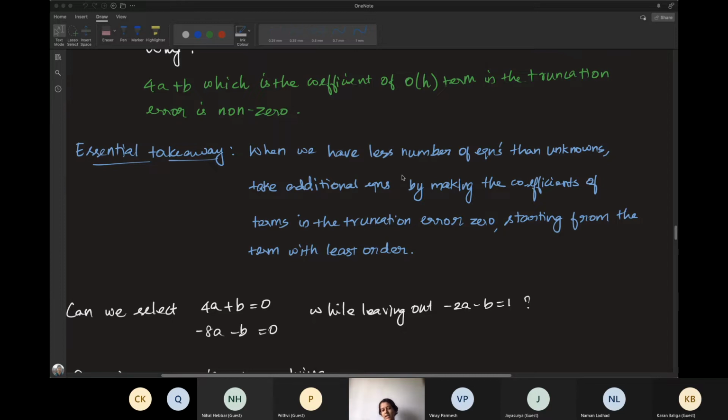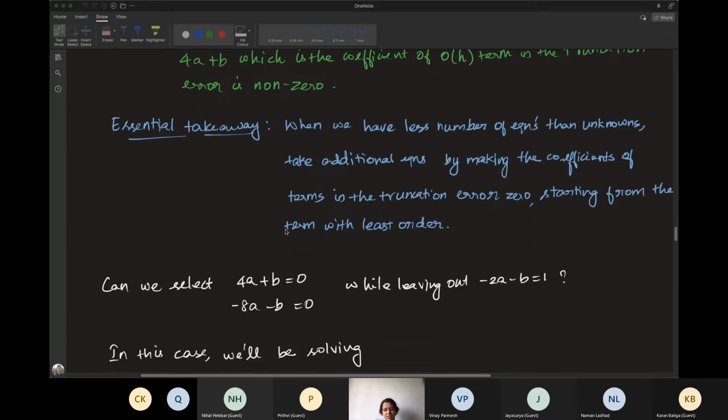We cannot randomly take any higher order terms, so we start from the least order of the truncation. Out of those terms that we leave, we start from the least order term and make its coefficient 0 to improve the accuracy. You cannot just randomly select any terms. So this is the essential takeaway from here.